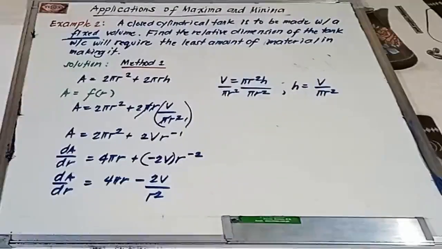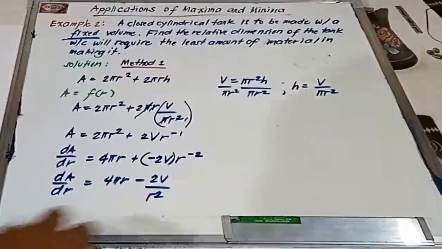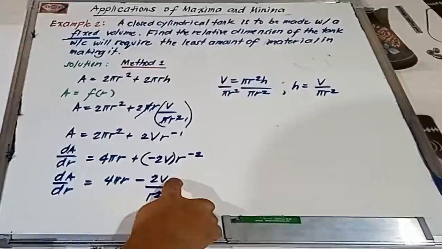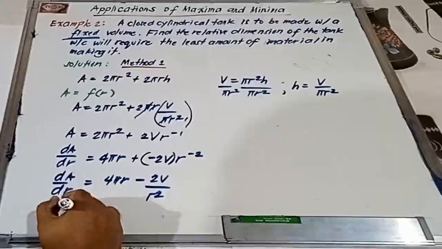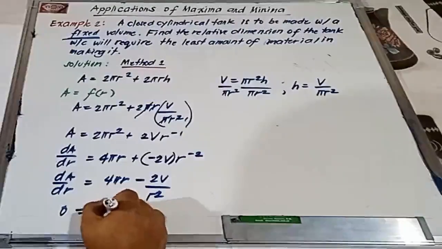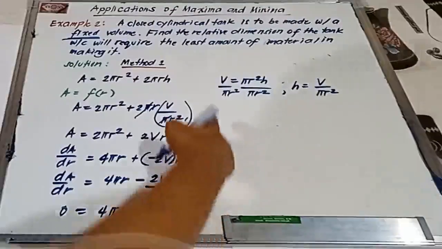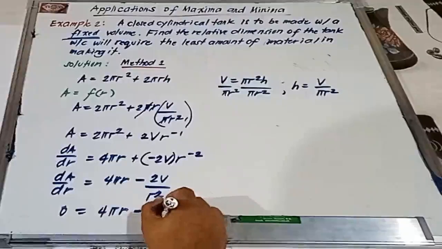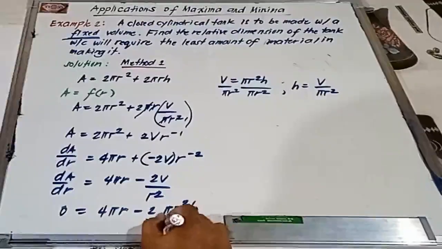Now, anong kasunod natin gagawin? Equate natin to 0 para makuha natin yung critical value. Okay? Now, this is 0. So, 0 na siya. 0 equals 4 pi r minus 2. Substitute natin yung V. V is pi r squared h. Pi r squared h over r squared.